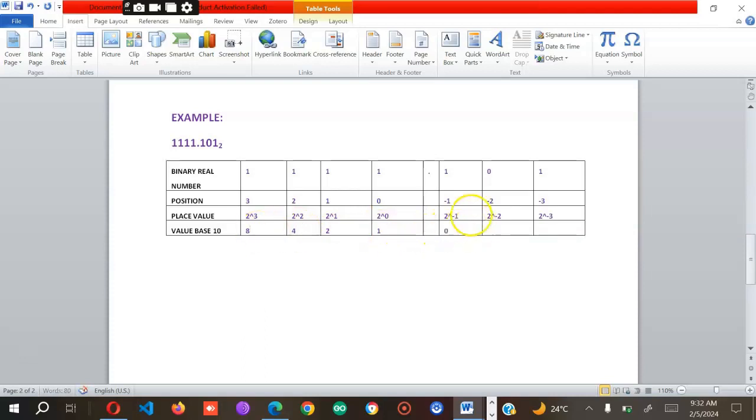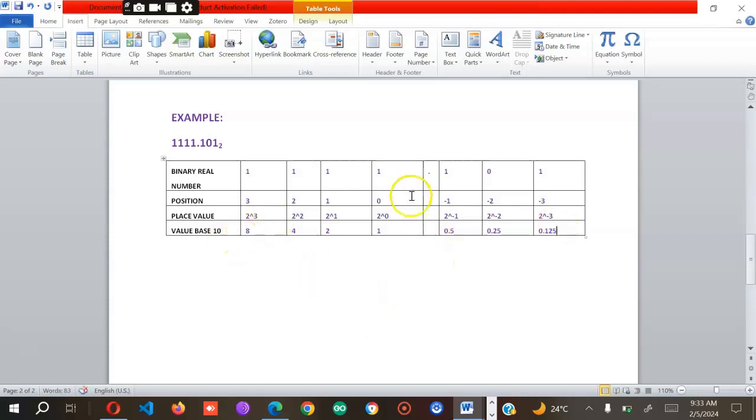This one is supposed to give us 0.5 after you expand. This is supposed to give us 0.25, and the last part 0.125.